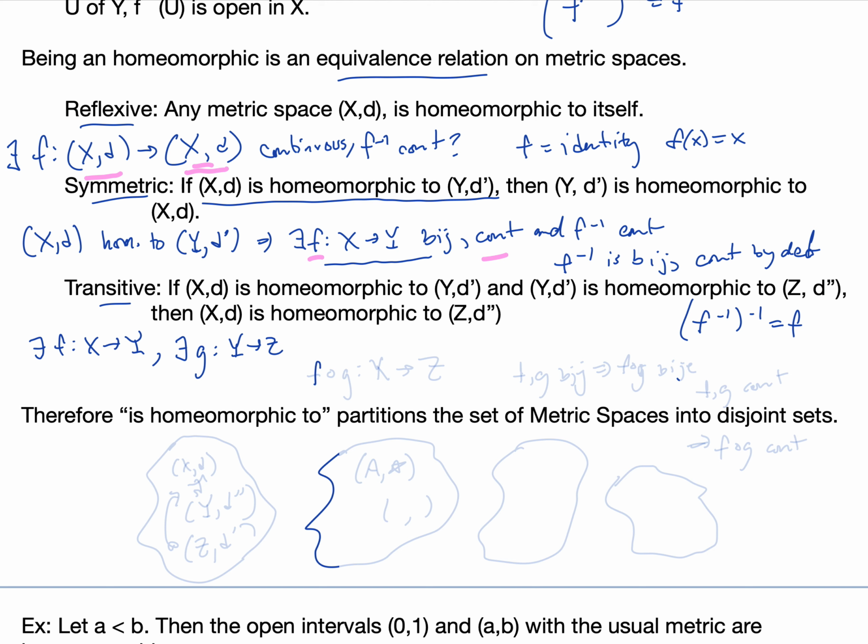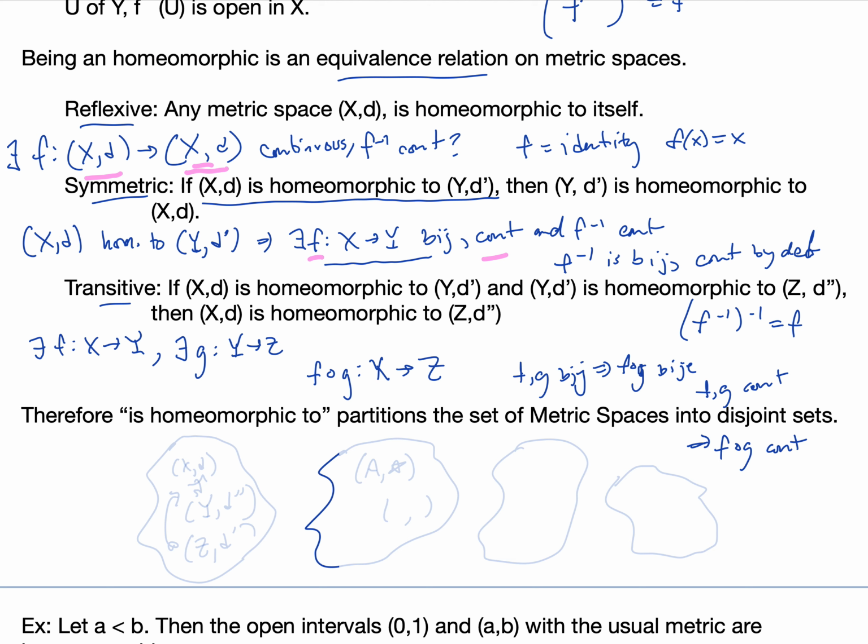Now, the composition of functions g composed with f is then going to be a homeomorphism mapping X to Z. We already proved that if f and g are bijective, then the composition is bijective, and you'll be showing in the homework that if f and g are continuous, the composition is continuous as well, and therefore the composition of the inverses will also be continuous.